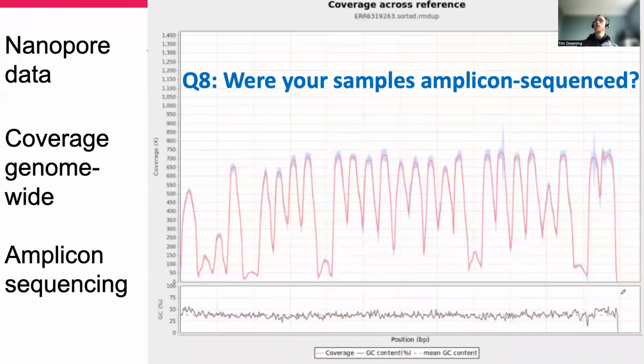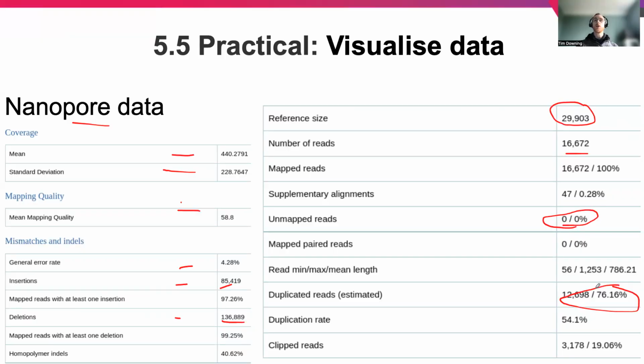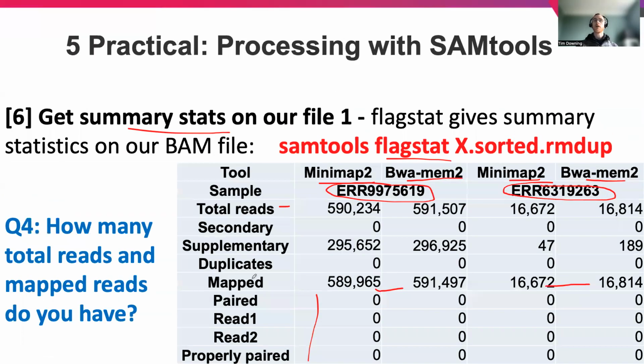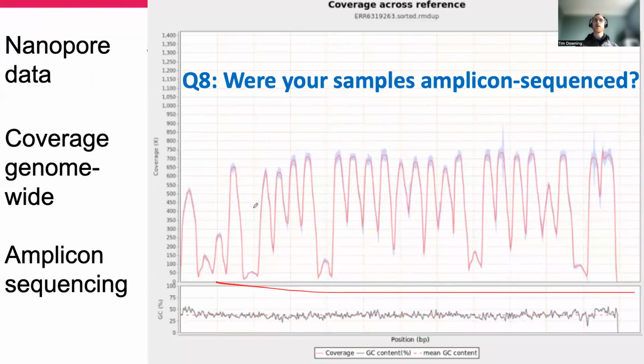And what we can see when we visualize that further and look at the coverage across the genome is that the genome is listed here on the x-axis, and this is the fold coverage. You can see that there's definitely amplicon sequencing here because we see a spike in between each of the middle regions. I also see some regions that have much lower coverage. So there's probably enough there to assemble this well, but you might find there are certain gaps in our assembly too at certain regions that just have low coverage.